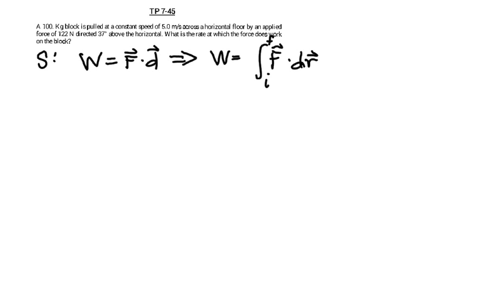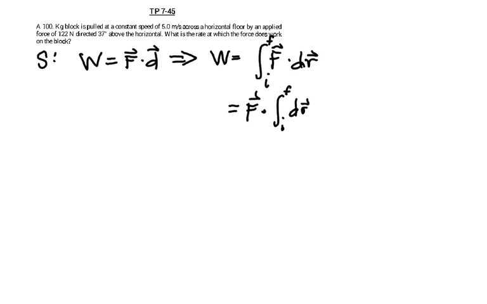Now, if we have an element within our integrand that is constant, what can we do? We can take it out. Good. So now we can say that our constant force vector dotted with the integral of our differential position vector from our initial to our final position.